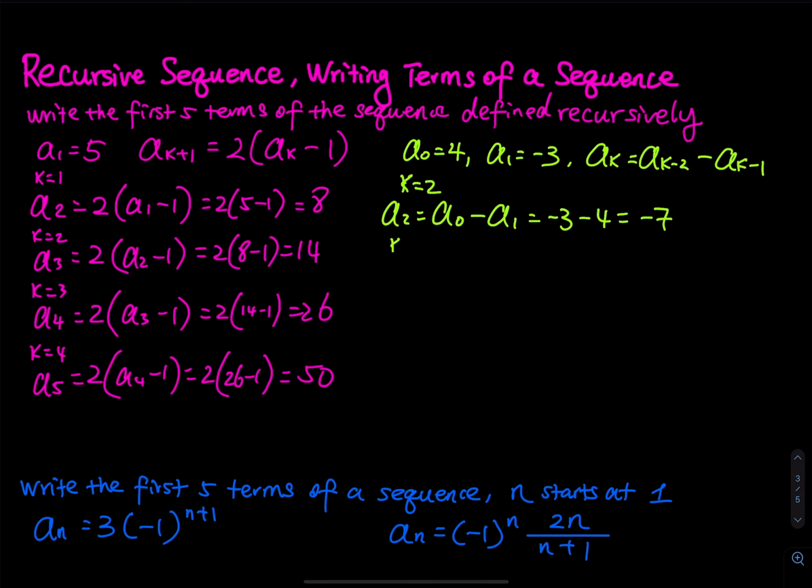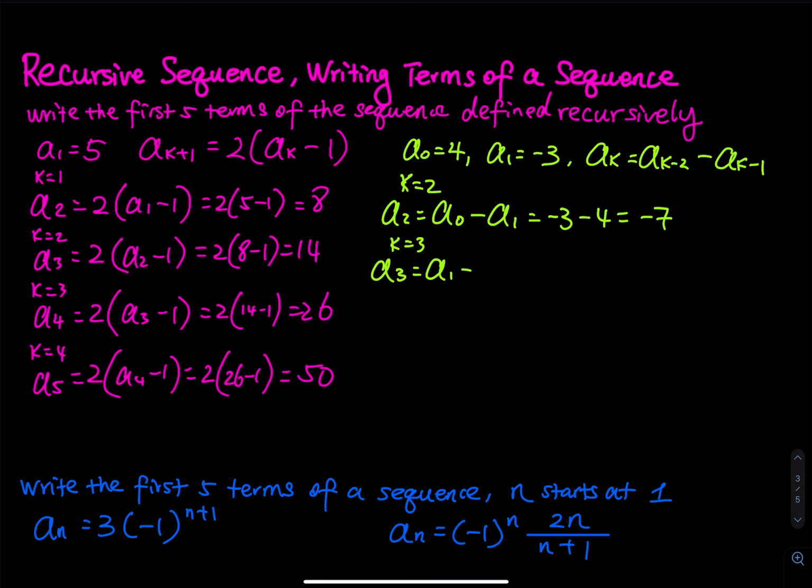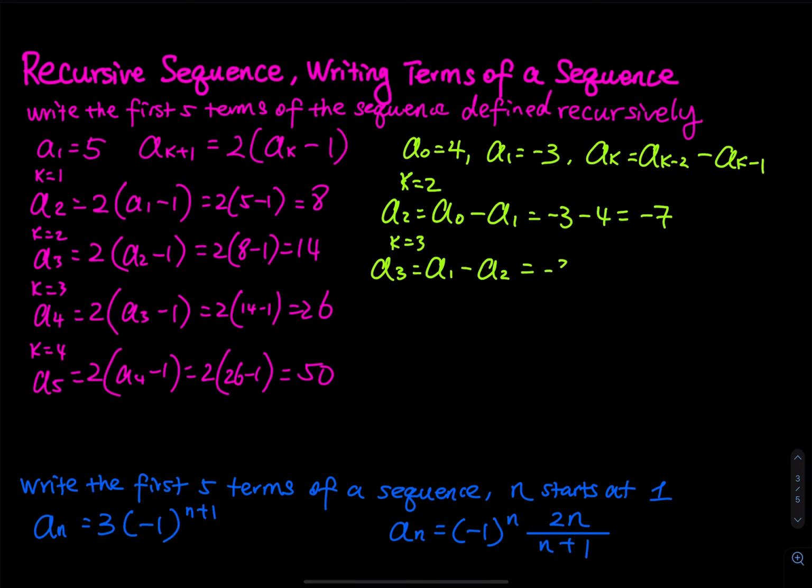And then how about k equals 3? So we have a of 3, which is equal to a of 3 minus 2 minus a of 3 minus 1. So that is a1 minus a2. a1 is negative 3. a2 is negative 7. So negative 3 minus negative 7, which is negative 3 plus 7.